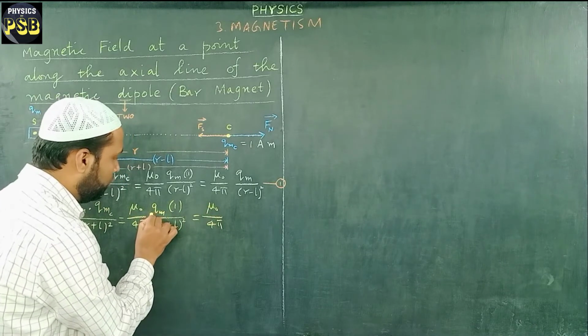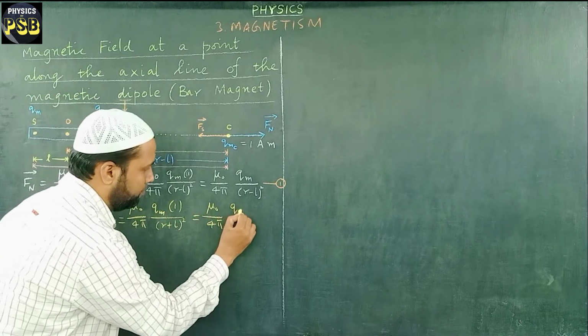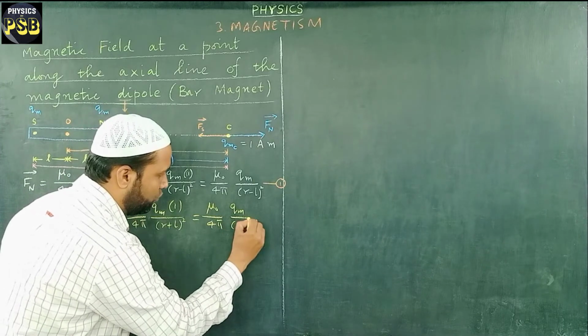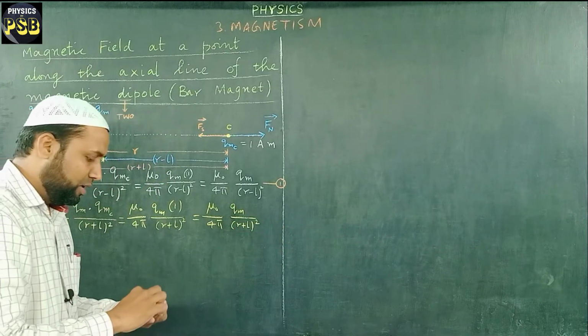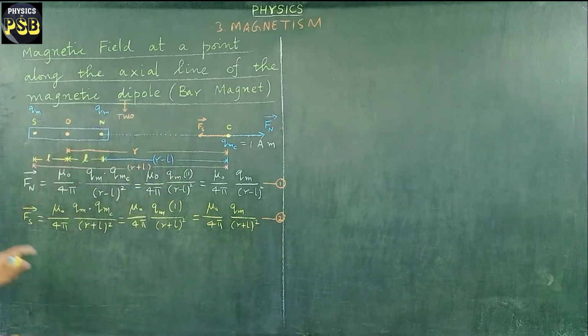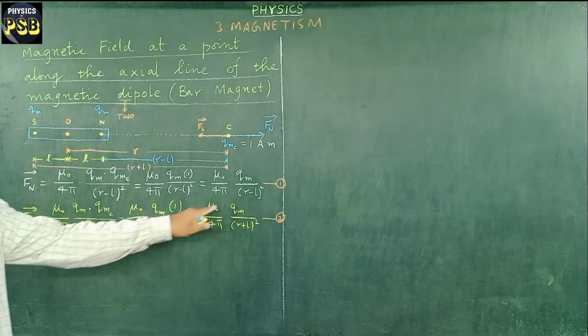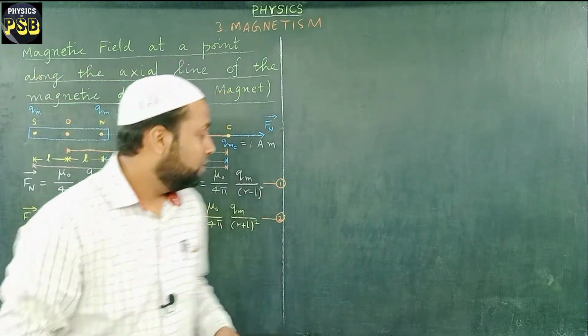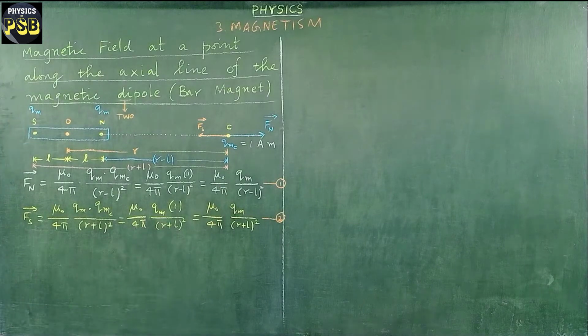If you multiply QM with 1, you get QM divided by R plus L whole square. And this one is taken as equation number 2. So Fs vector is equal to mu naught upon 4 pi QM upon R plus L whole square. Okay, we have got these two equations.